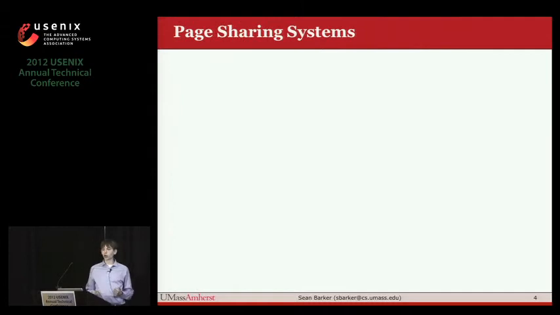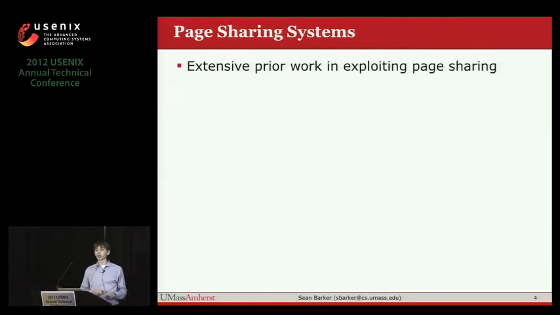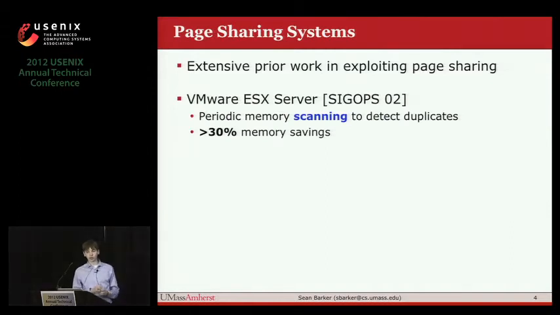There's been a lot of prior work on page sharing. The oldest commercial support comes from VMware. They had a paper in 2002, and their approach is based around periodically scanning memory to detect duplicates, and they reported, in some cases, upwards of 30% memory savings.